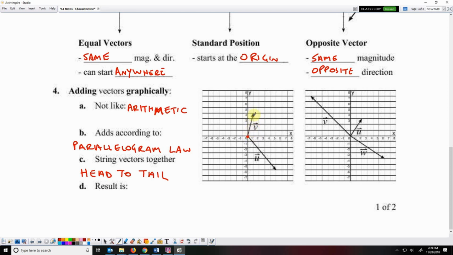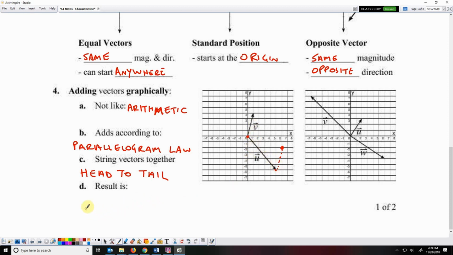So I'm going to take this vector and slide it down to the head of vector u, and from the head of vector u, I'm going to go right 1 and up 4. Okay, so there is an image of vector v. Okay, so I have moved the only one that I'm going to move. I left one and I moved the other.